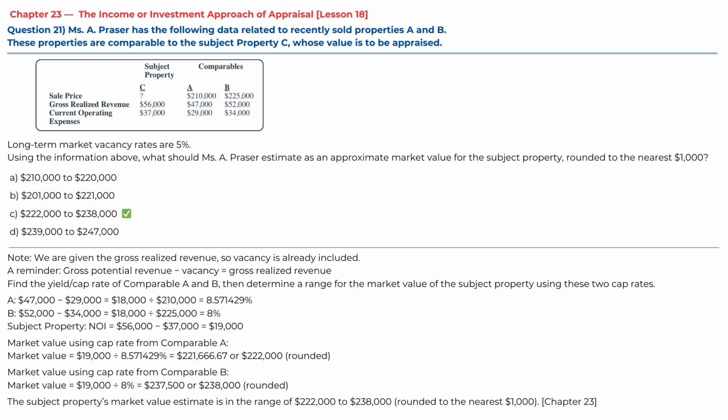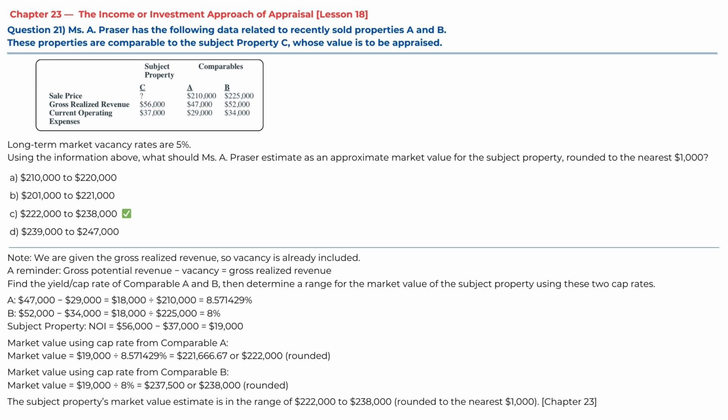A, $47,000 minus $29,000 equals $18,000 divided by $210,000 equals 8.571429%. B, $52,000 minus $34,000 equals $18,000 divided by $225,000 equals 8%. Subject property, net operating income equals $56,000 minus $37,000 equals $19,000.